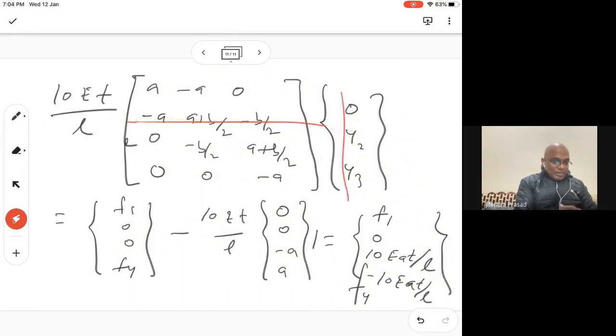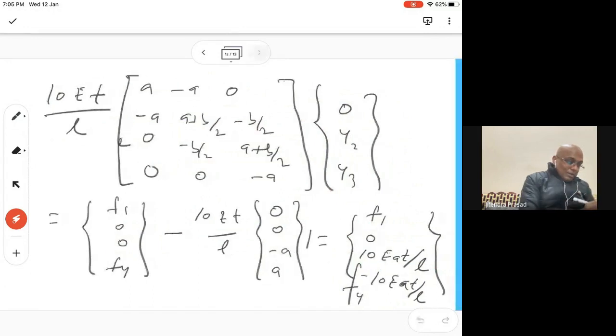This and this will be equal to this and this. But here this multiplies to 0, so what remains is this. So this multiplied by u2, u3 will be equal to this. You follow?